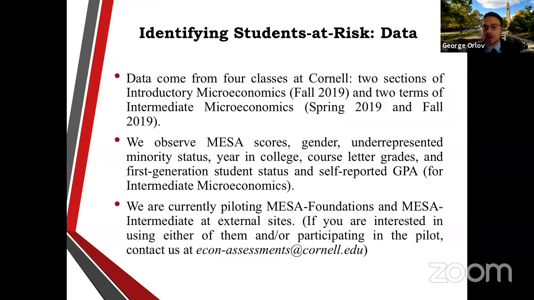We also observe gender, underrepresented minority status, which in our context stands for Black, Hispanic, and Native American students, year in college, course letter grades, and first-generation student status, and self-reported GPA for intermediate microeconomics.